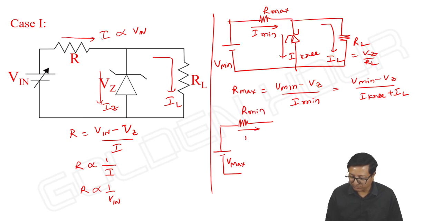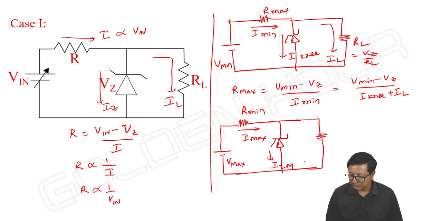As input is maximum, I can write I maximum, and Iz is always proportional to input. IL.